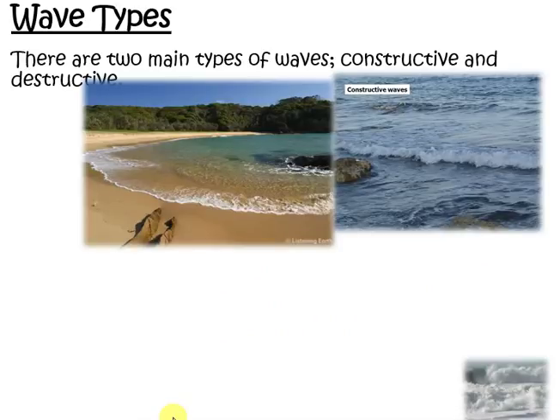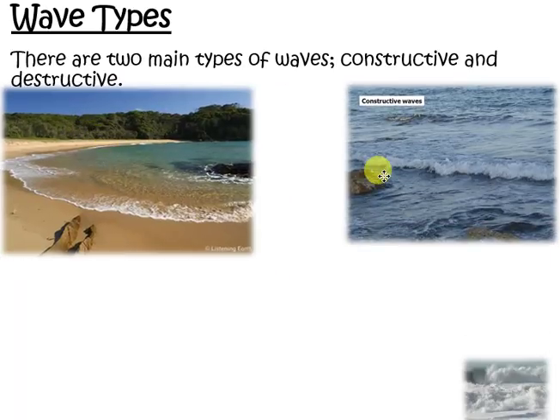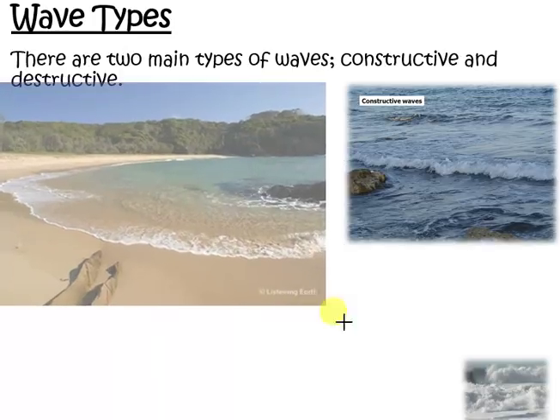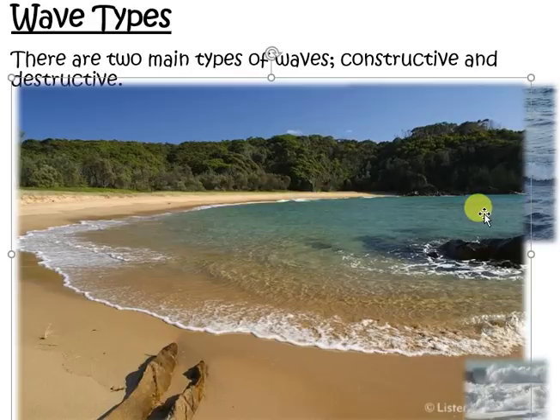Right, if you've studied GCSE geography, then you're probably familiar with these terms, and you've heard me mention them in class already this year. There's 2 main types of waves. Constructive waves, which, like in the photograph, have a really strong swash or run up the beach. They tend to be really low height as well.